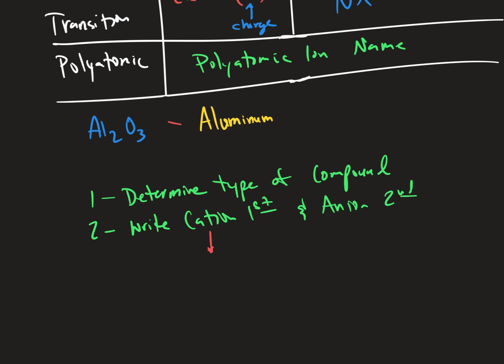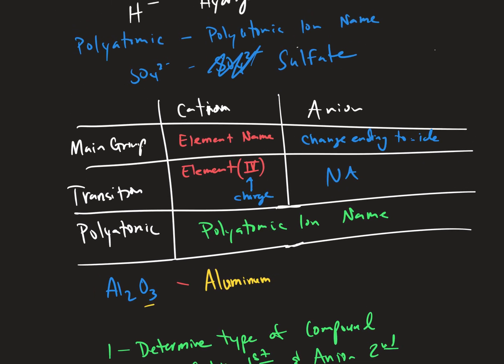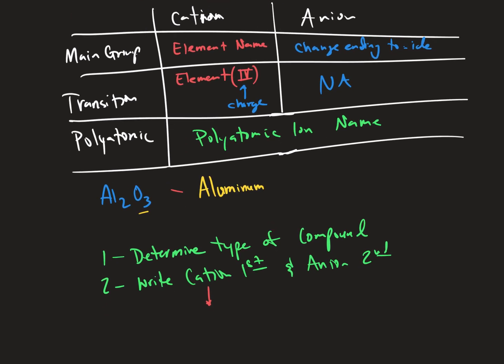And then the anion second. What's this anion called? Oxygen is a main group element, so we change the ending to IDE, right? Aluminum oxide. Done. Good?